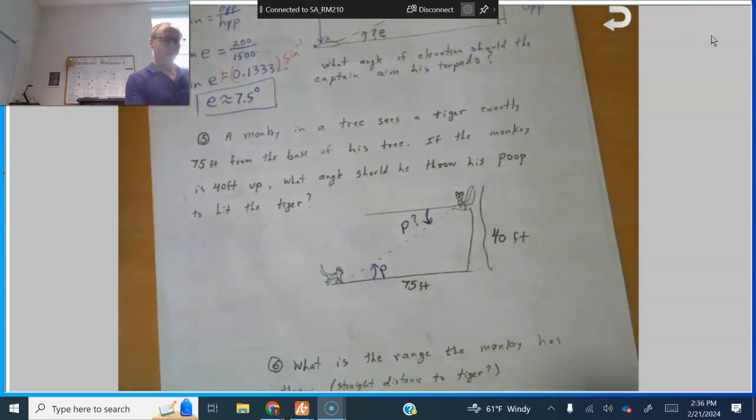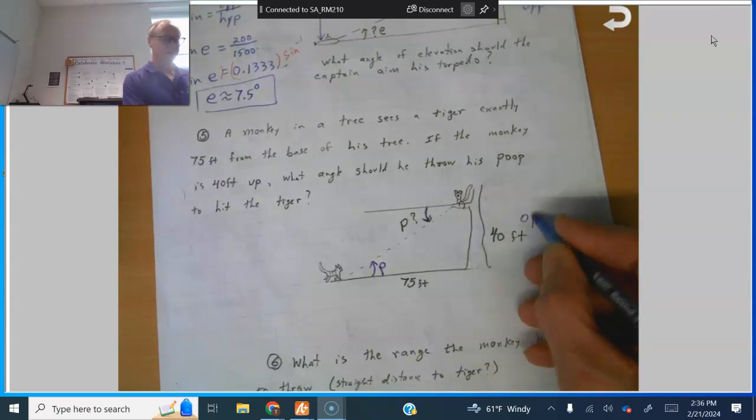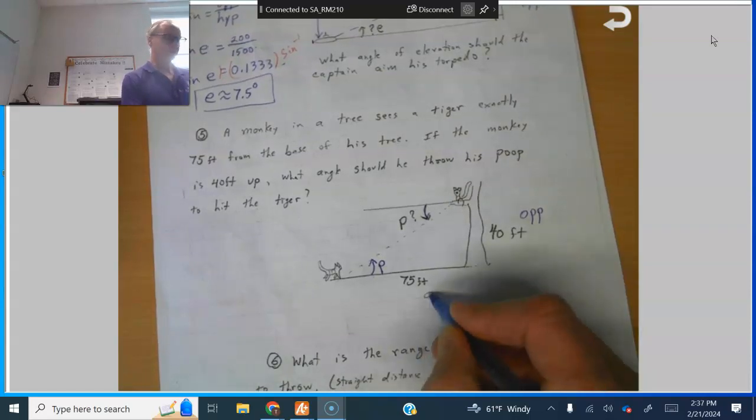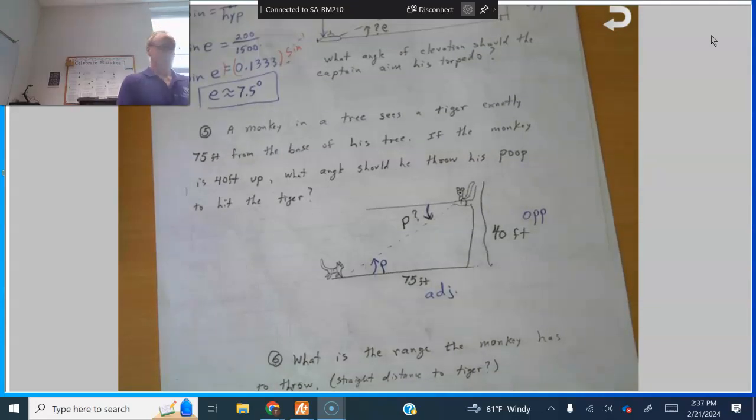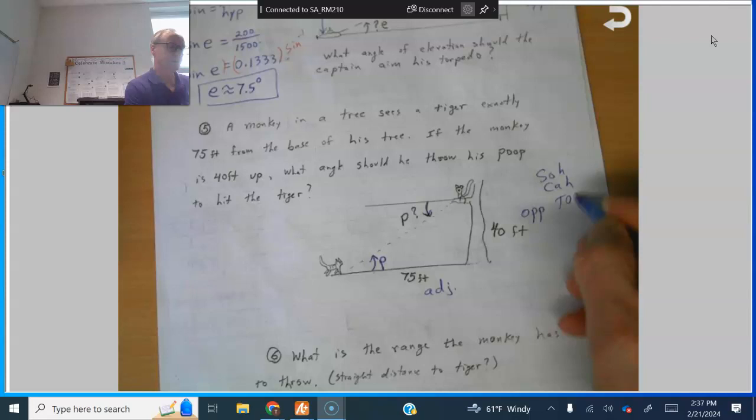So let's see. What side is this? This is the opposite. And this one? The adjacent. So which one are we going to use? TOA, right. SOH CAH TOA. We're using the tangent.